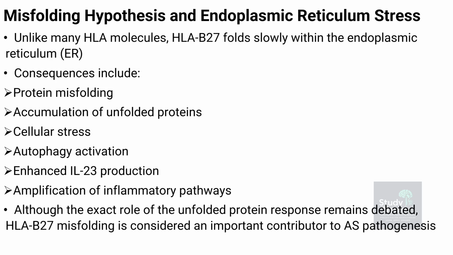This cellular stress activates protective pathways such as autophagy and promotes greater production of interleukin 23, which further amplifies inflammatory signaling. Although researchers continue to debate the exact contribution of the unfolded protein response, substantial evidence suggests that human leukocyte antigen B27 misfolding plays an important role in initiating and sustaining the chronic inflammation seen in ankylosing spondylitis.